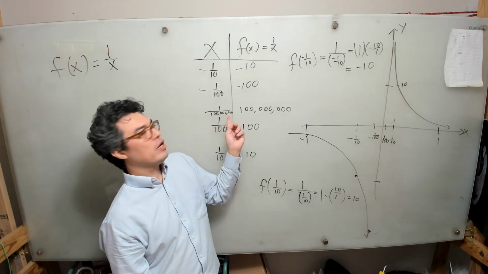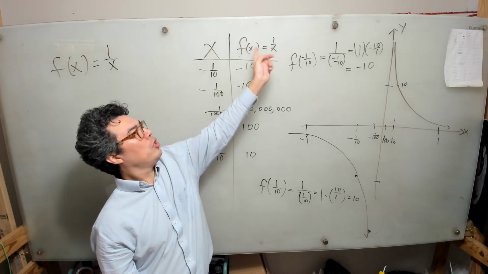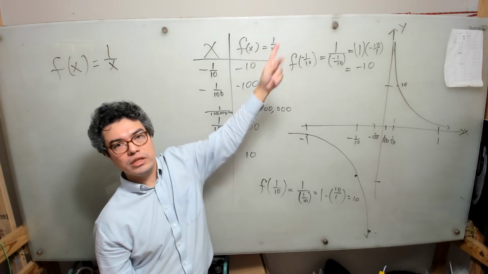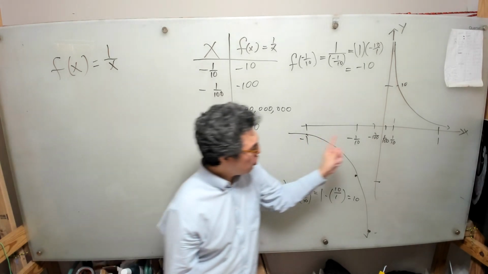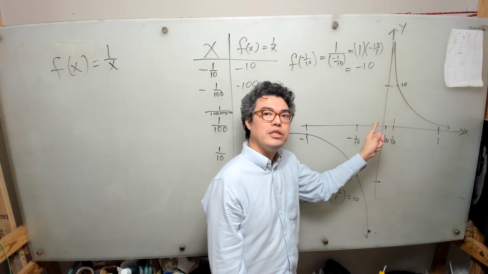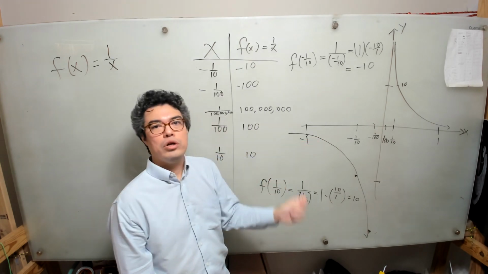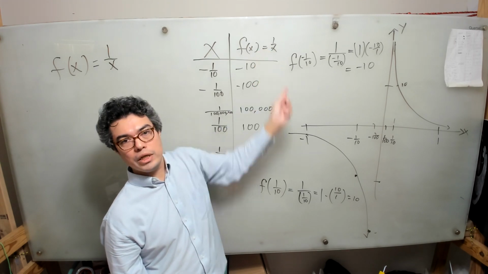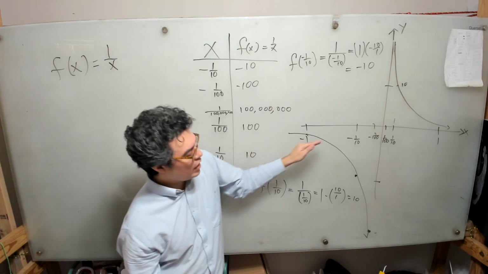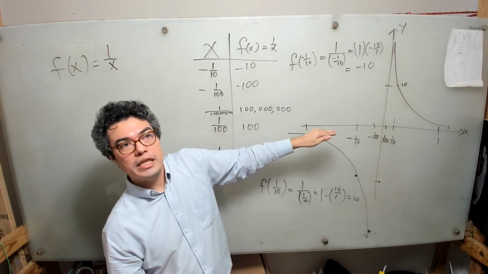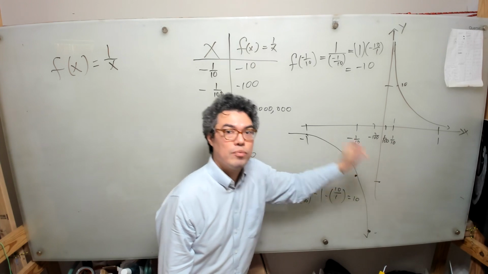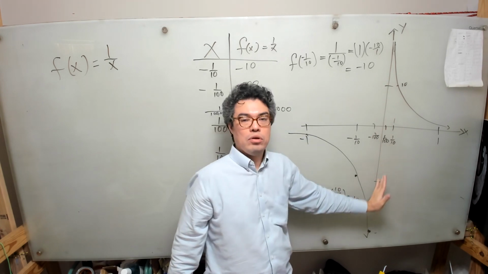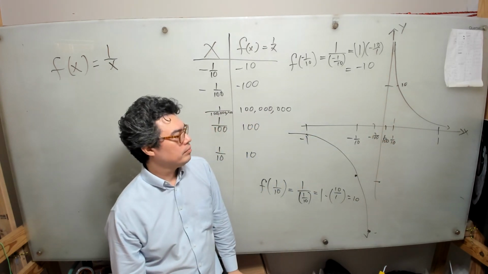So for example, if we were to put f of -1 over a million, it would be 1 divided by -1 over a million, which would give us -1 million. So the closer we get to zero on this side, we're going to get a smaller and smaller negative number, which when we take the reciprocal of it, we'll get a huger and huger negative number. So we say that f tends to negative infinity in this case as we approach zero from the left. Okay, and that's why we have this asymptotic behavior with 1 over x near zero.